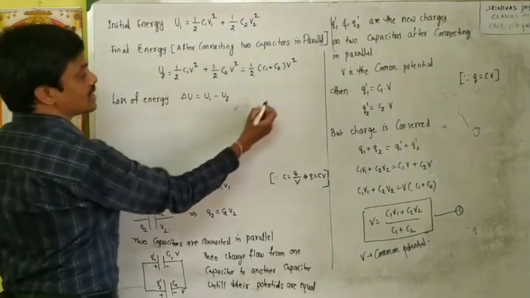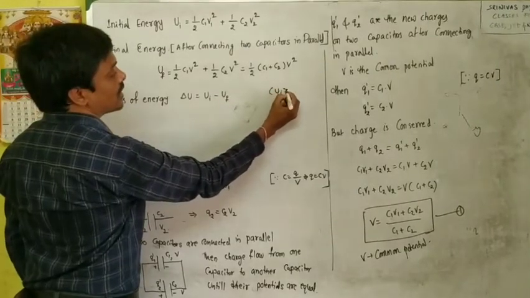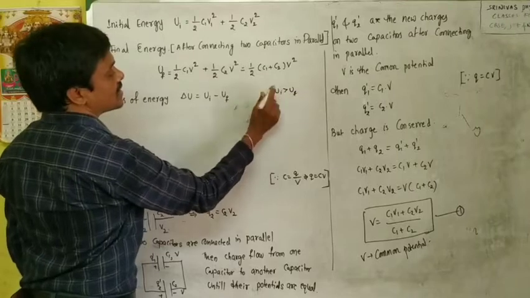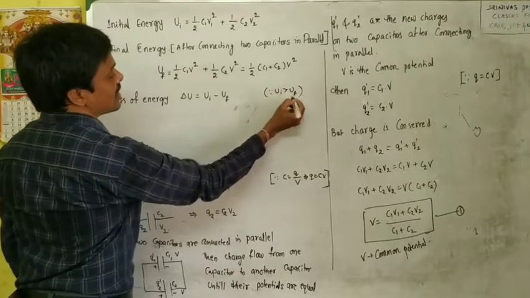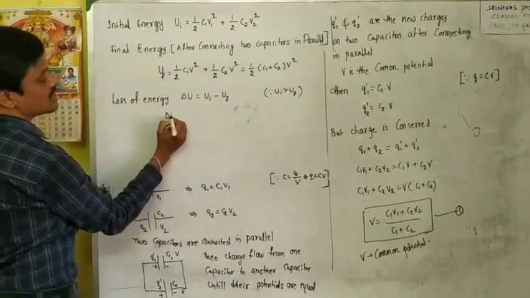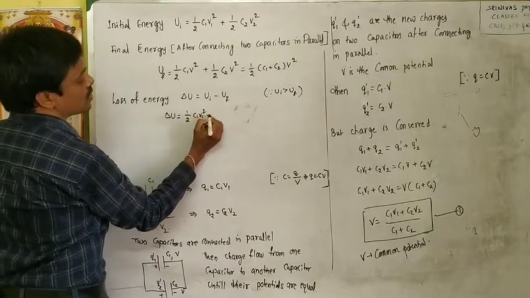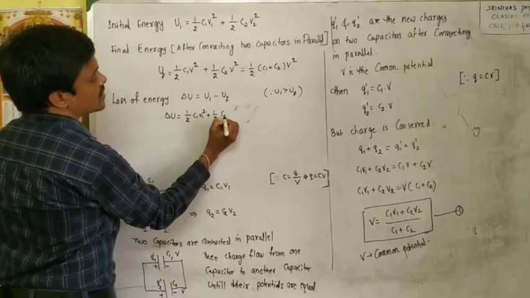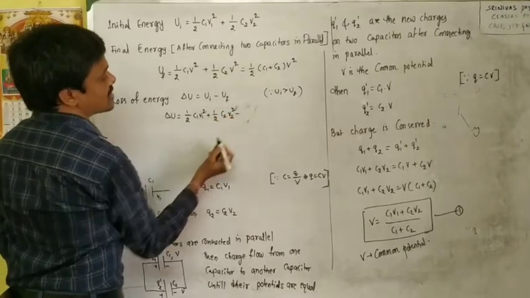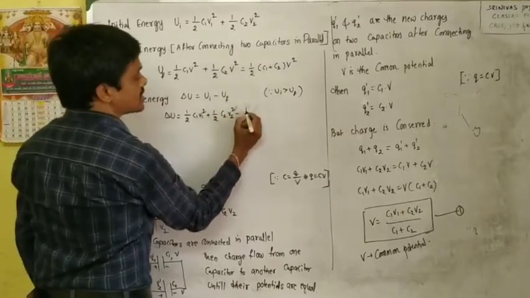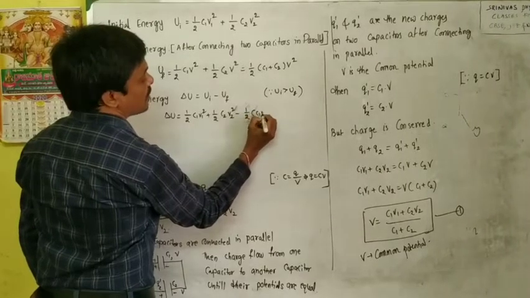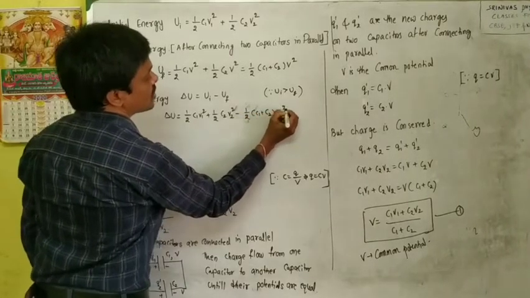That is why final energy is less. Ui is greater than UF. Initial energy is more, that is why some energy is lost. The loss of energy is equal to Ui, half C1 V1 square plus half C2 V2 square, minus UF, half C1 plus C2 into V square.